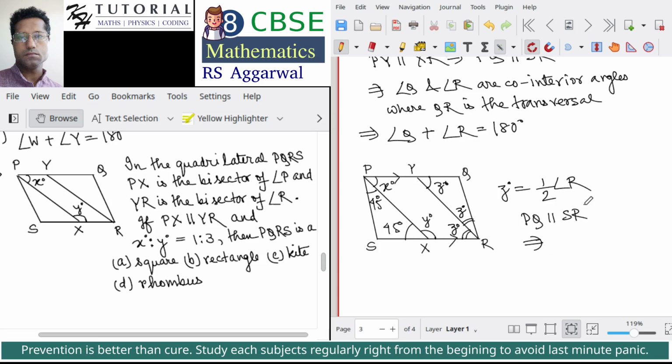This angle will also be Z degree. 135. PQ parallel to SR.